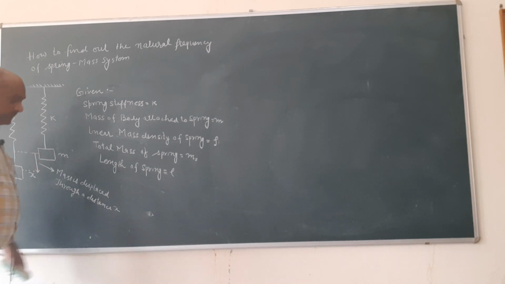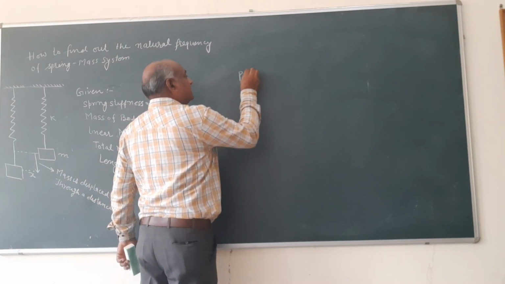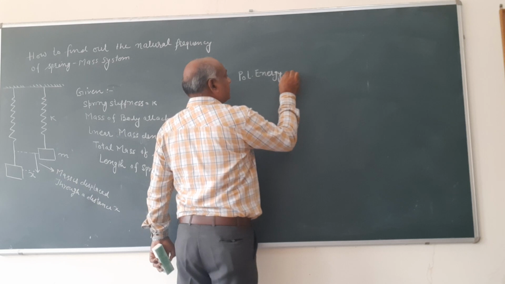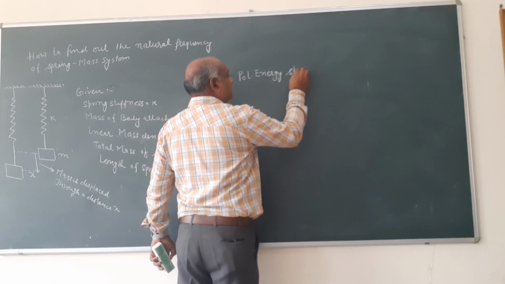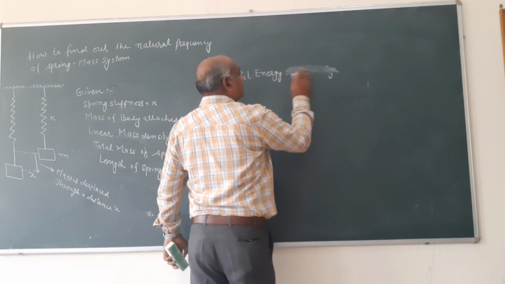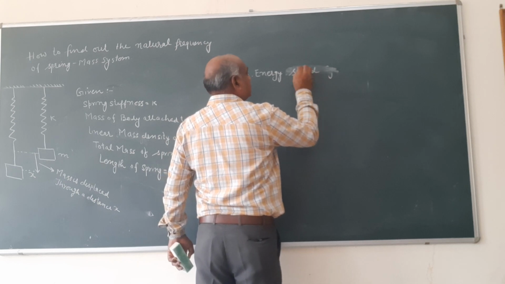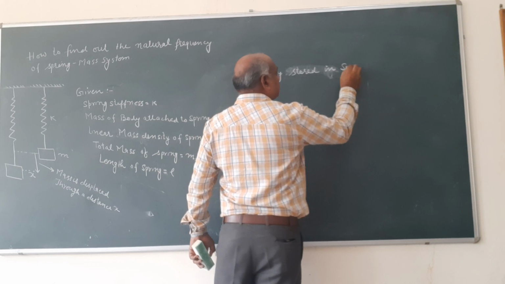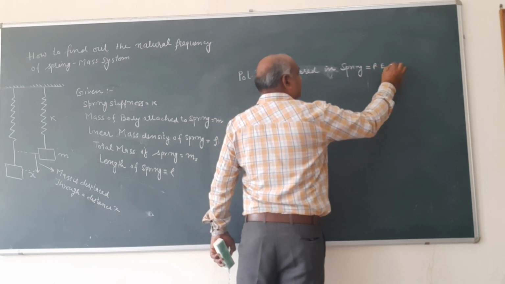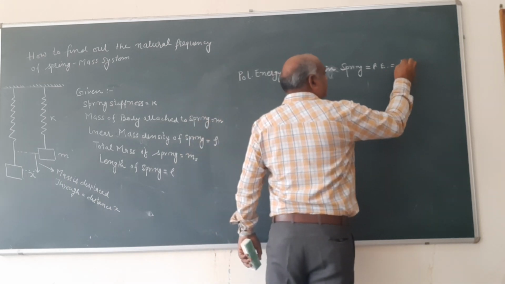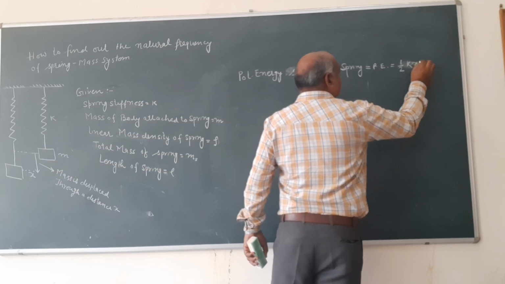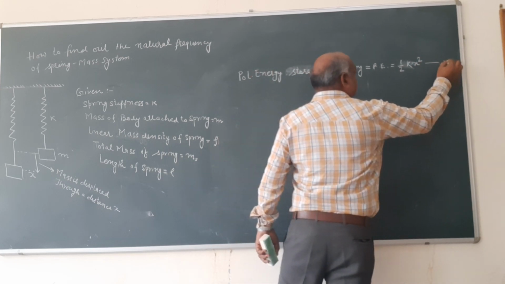First of all, we will find the potential energy stored in the spring, which is equal to half k x square. This is equation 1.